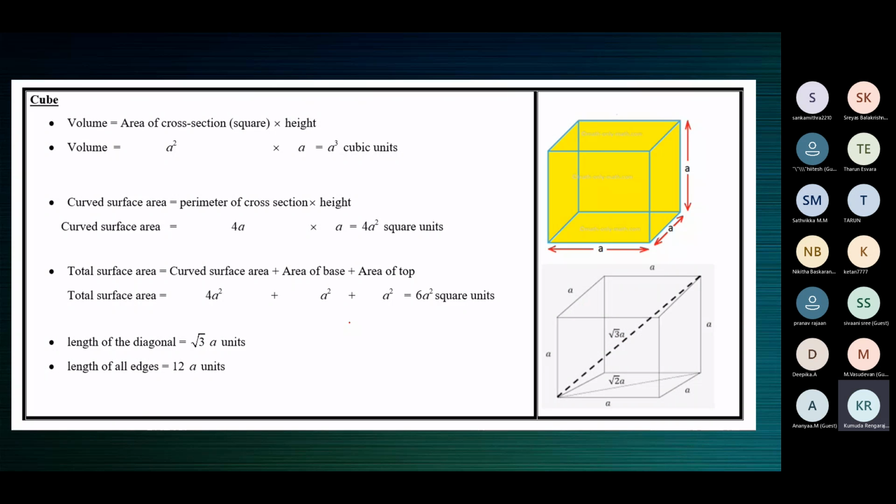So it's basically Pythagoras theorem. We know that this is root 2a. I'm not able to see this triangle I've taken.